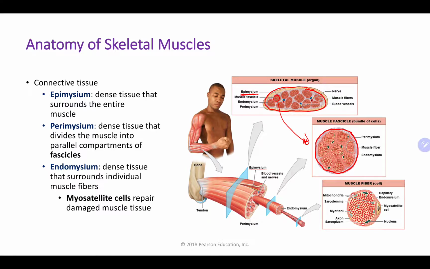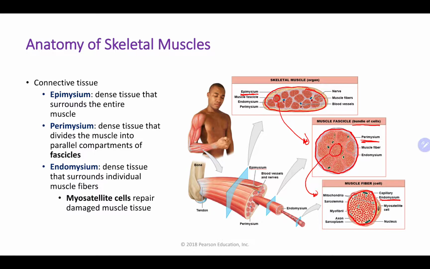There's a connective tissue that surrounds that muscle fascicle. That's the perimysium. Let's take out an actual cell, and that cell or fiber is going to be surrounded by the connective tissue called endomysium. Okay.